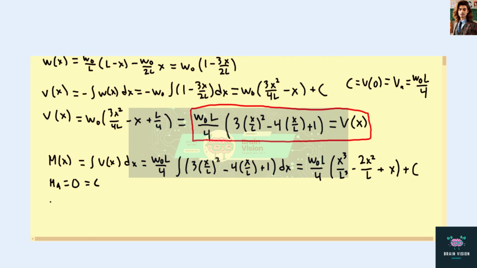So we can write our M of x as the following, where we'll factor out another L. W0L squared over 4, and we'll have an x over L cubed minus a 2 times x over L squared plus an x over L. All right, and that will be our expression for M.